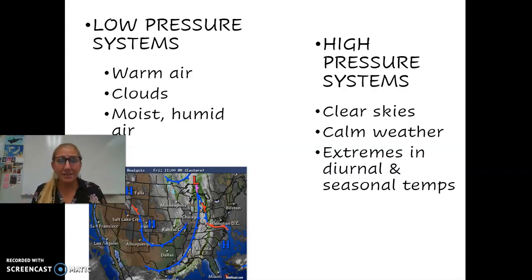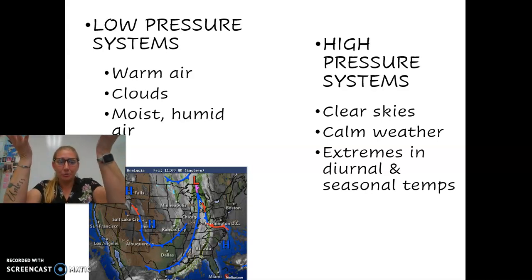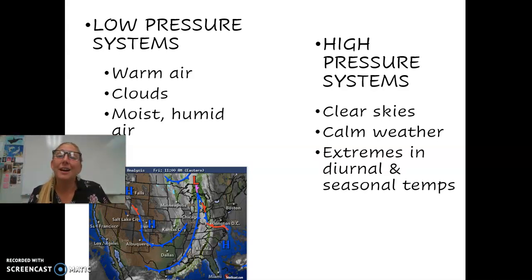Therefore, at night when the sun sets, any heat that's being radiated back from the surface of the Earth up into the atmosphere does not get trapped by the clouds and it's lost to space. So it gets pretty chilly at night when we have these high pressure systems coming through.